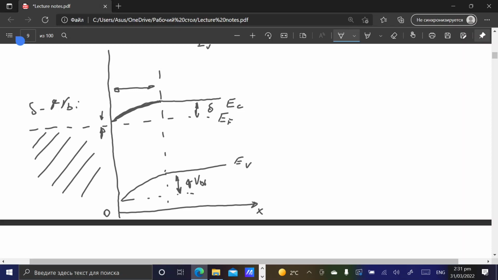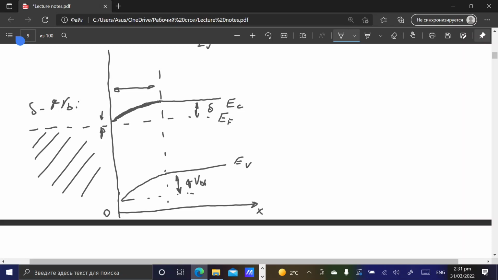Means, no matter what we are doing in terms of applying external electric field, external bias to this junction, the resistance of this pre-surface layer will always be smaller than the resistance of the neutral region of the rest of the semiconductor sample.